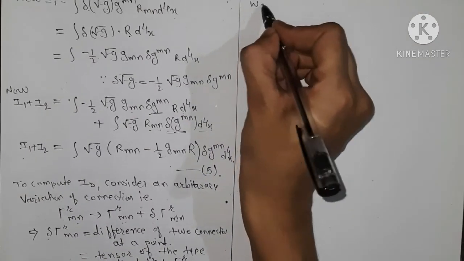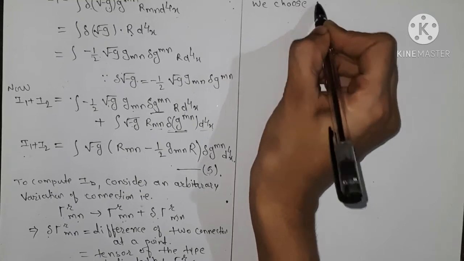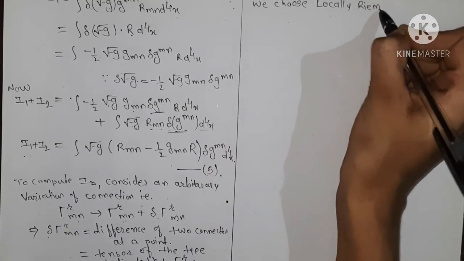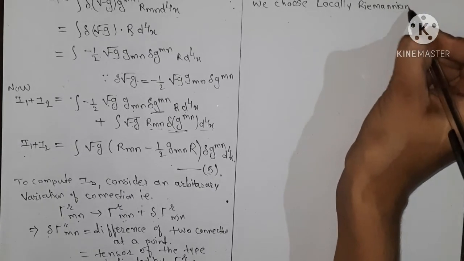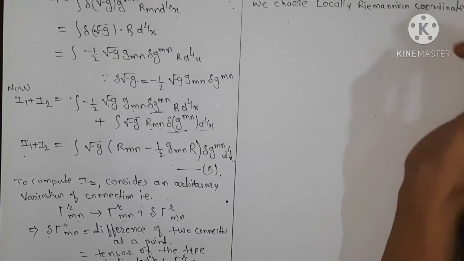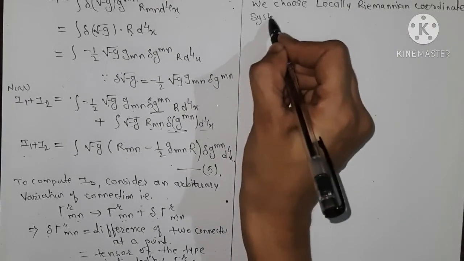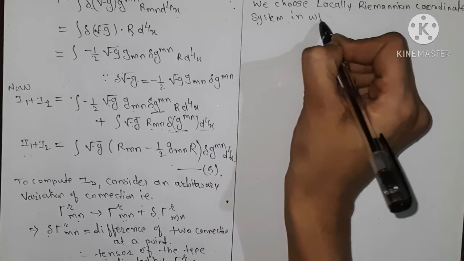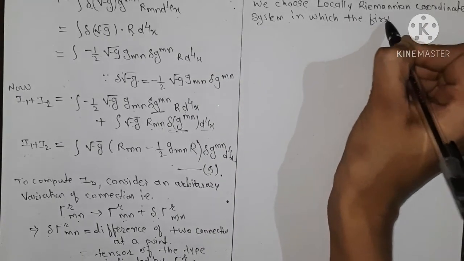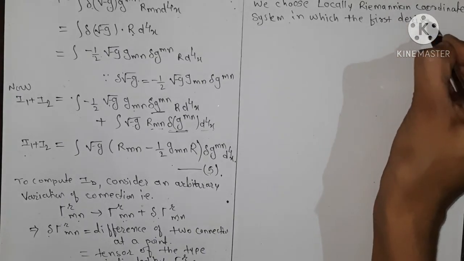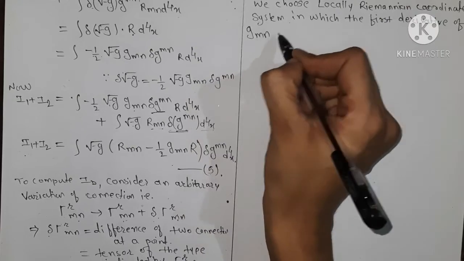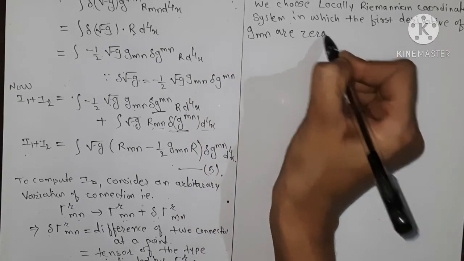So we choose a locally Riemannian coordinate system in which the first derivatives of g_mn, that is the metric tensor, are 0.